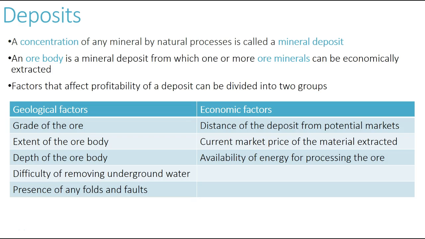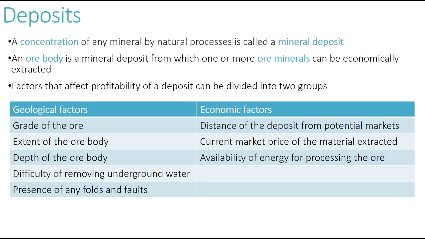Now, the current market price of the material extracted also plays a part as well, because you need to be able to make a profit on your extraction and then selling of the ore minerals. So if your copper price is low, then you've got to have a very high grade copper deposit to be able to make it profitable. And it's also about the availability of energy for processing the ore as well.